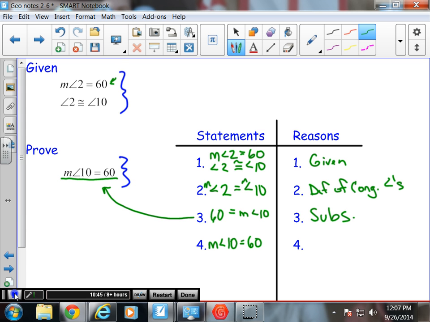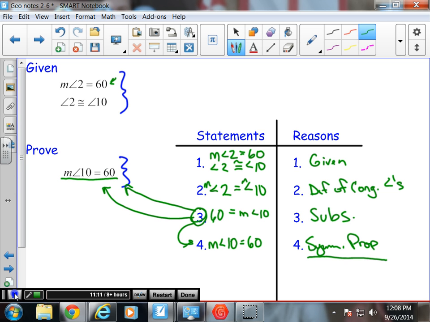It's the symmetric property. So once you get to step number 3, don't think that's it, because it has to match exactly what we're trying to prove. You have to make that one more step and give me the symmetric property.